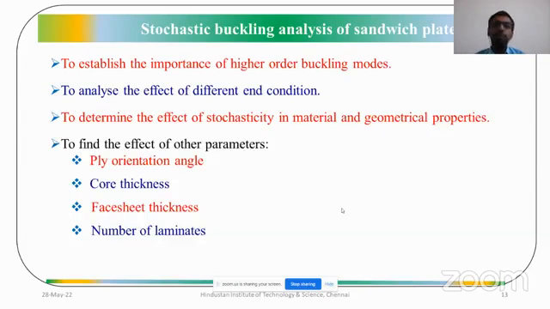The next objective is to determine the effect of stochasticity in material and geometric properties, and to find the effect of other parameters such as ply orientation angle, core thickness, face sheet thickness, and number of laminates.